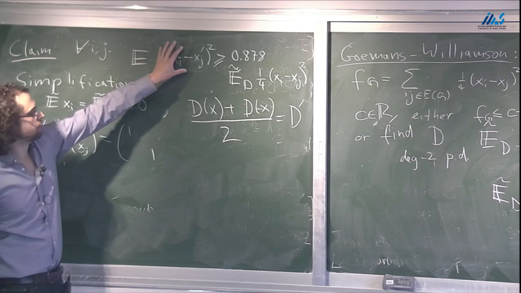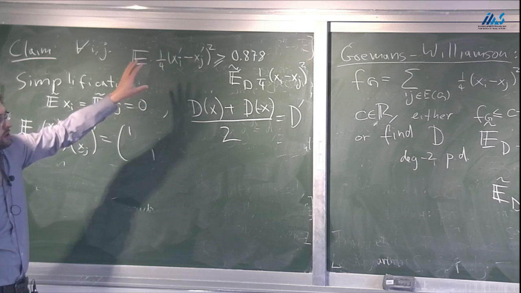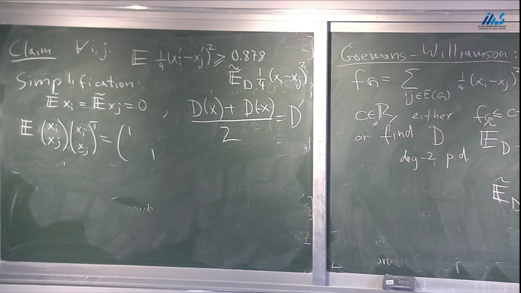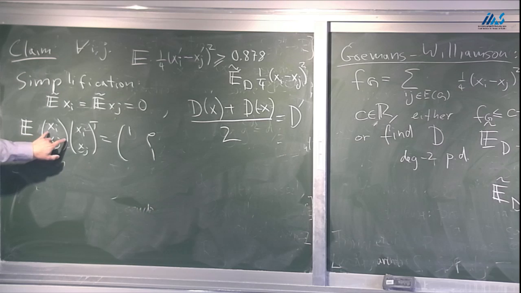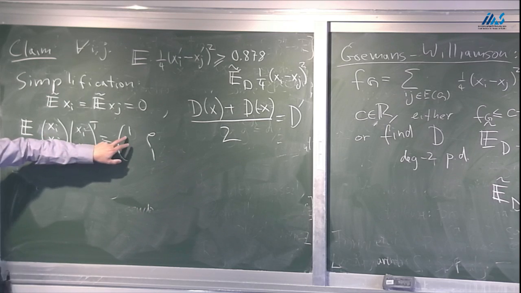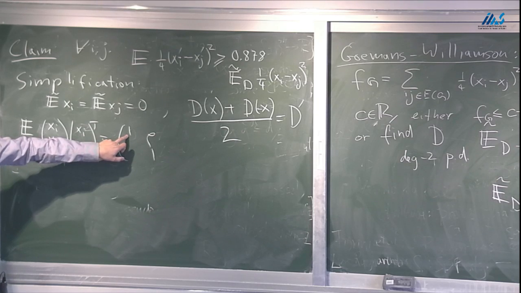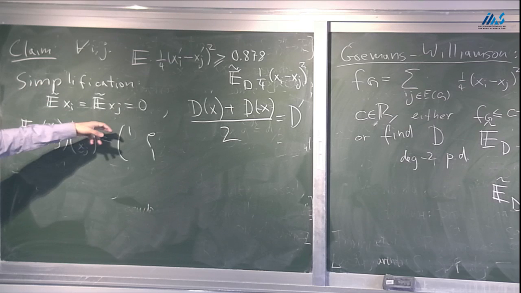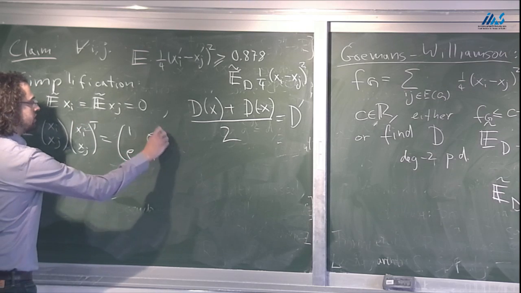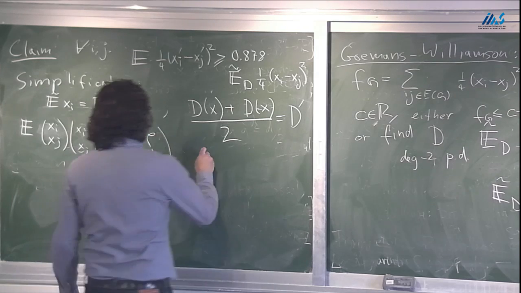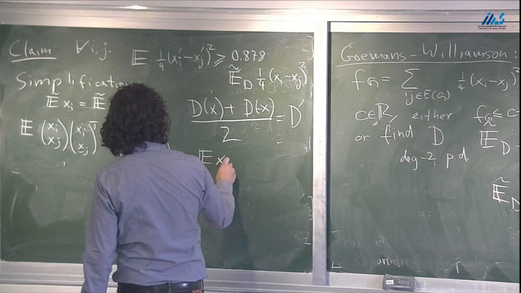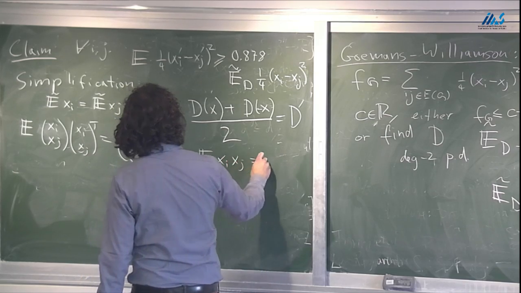And here this would be the expectation of xi squared, but we are over the hypercube, so this is 1. So it means that the only free parameter is the expectation of xi xj, which I wrote as rho here.